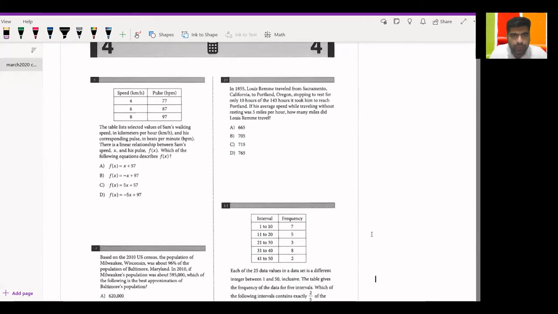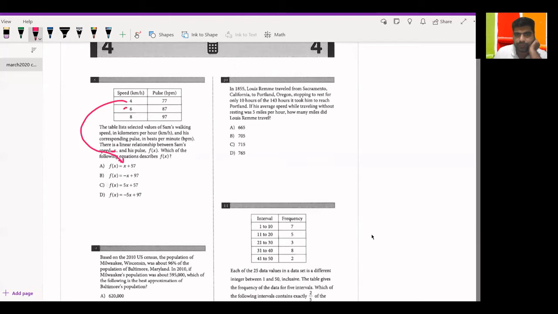Okay. Which of the following describes f(x)? Okay, so in this type of question, we are definitely going to plug in. Obviously, x is going to be the speed and pulse is y. So if I plug in 4 here, 4 plus 57 is not 77.